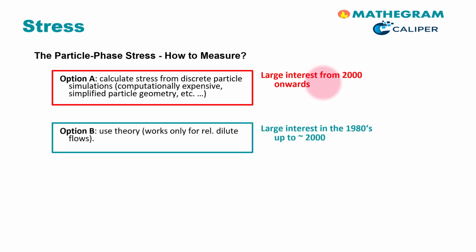The second option is to use theory without any additional data, most often starting at a fundamental equation such as the Boltzmann equation. This option works only for relatively dilute flows, for which certain assumptions hold and analytical calculations can be done.